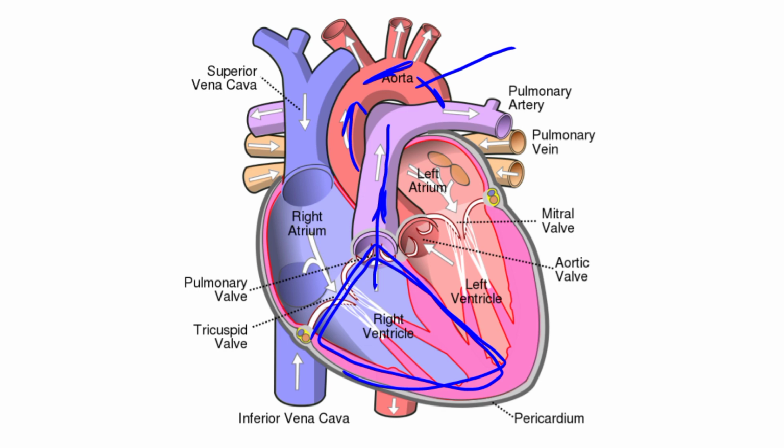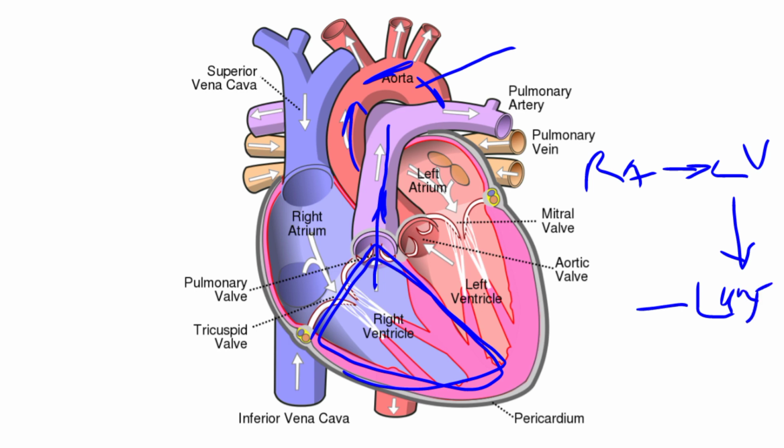So the blood from the right atrium moves to the right ventricle, from there it goes to the lung, and from the lung it will go to the left atrium. So it's as simple as that.